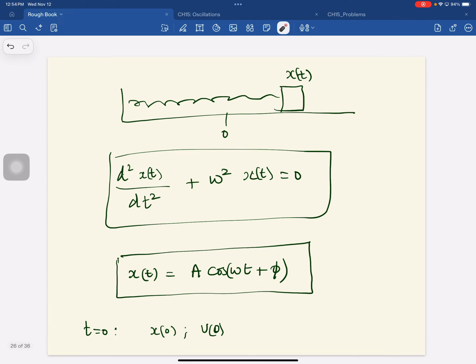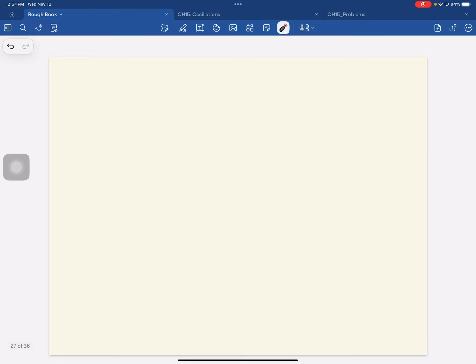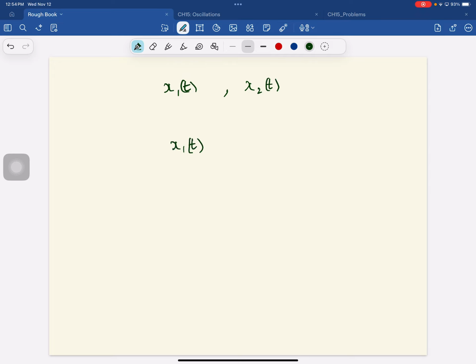So one of the things about linear differential equations is if x1(t) is a solution and x2(t) is a solution as well, then x1(t) plus x2(t) is a solution as well. All right?